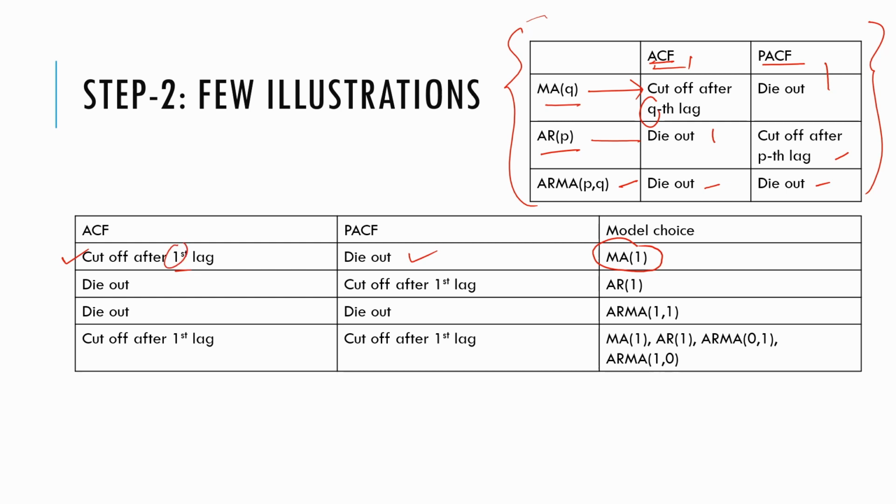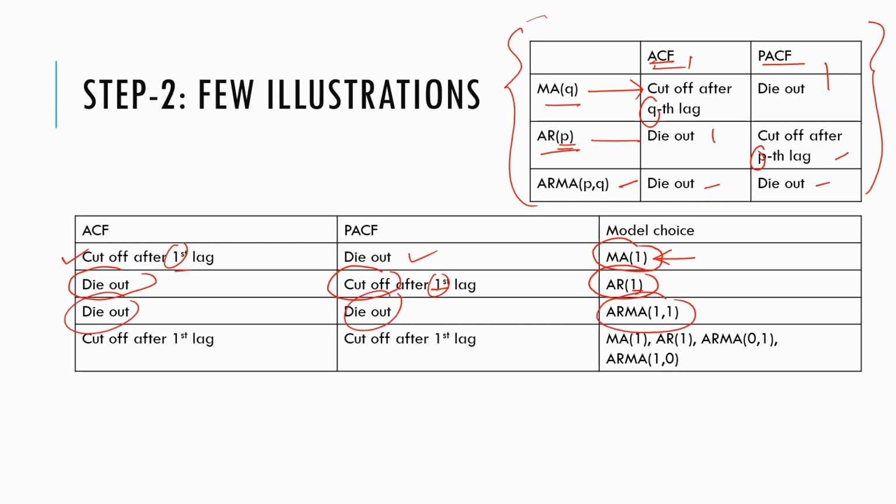So that means it is an MA1 model. If ACF is die out and PACF is cutoff at the first lag, then it is an AR model of order 1. See, cutoff in pth lag. So here, first lag, this is an AR(p) model, this is AR1.